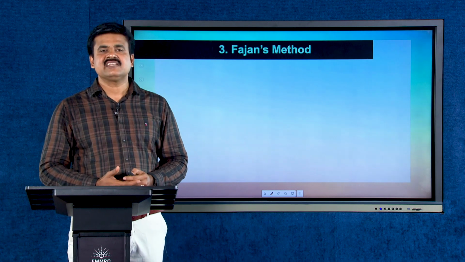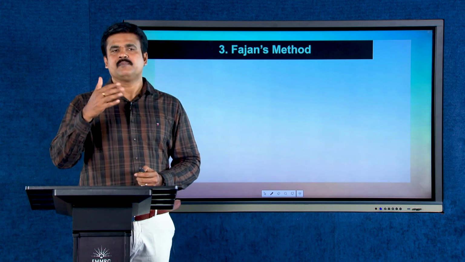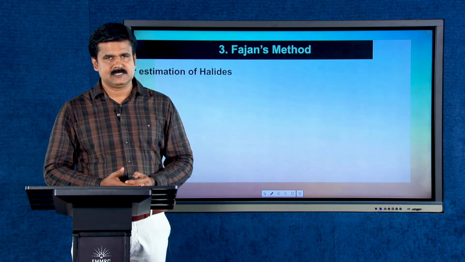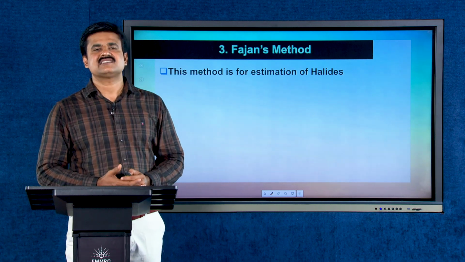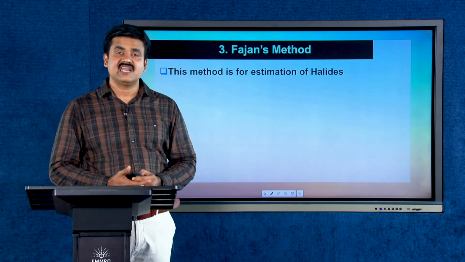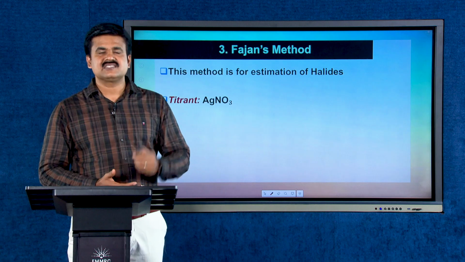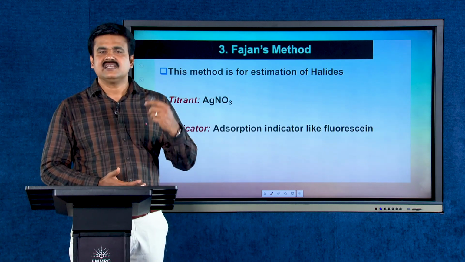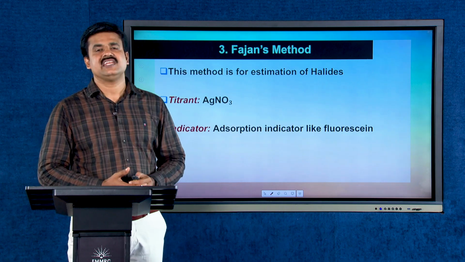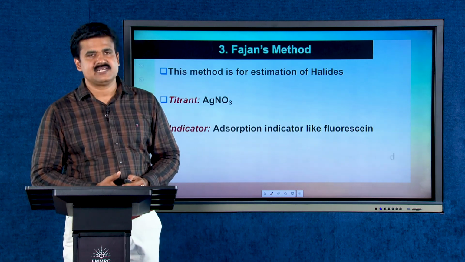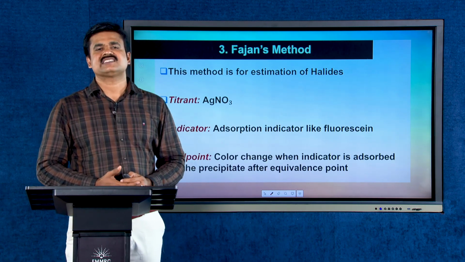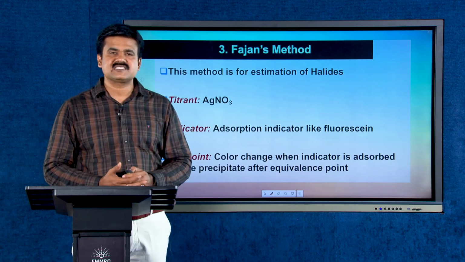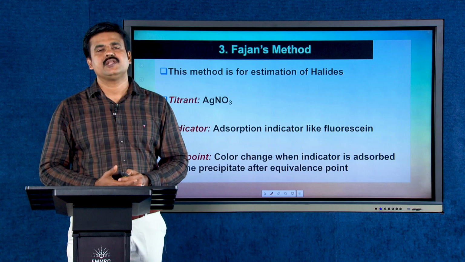Now another method of precipitation titration is here. This is Fajan's method. This method is used for estimation of halide ions. Here also the titrant is AgNO3 and the indicator is an adsorption indicator like fluorescein. End point is the color change when the indicator is adsorbed on the precipitate after the equivalence point.